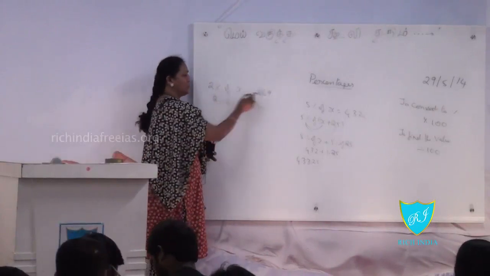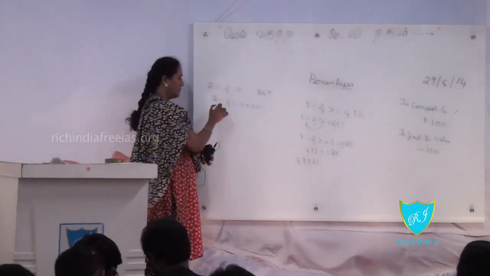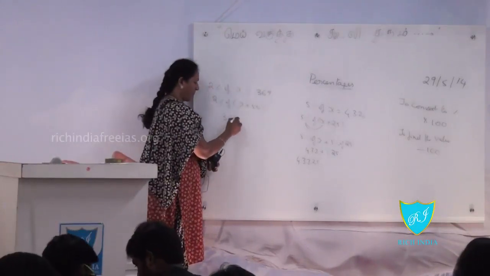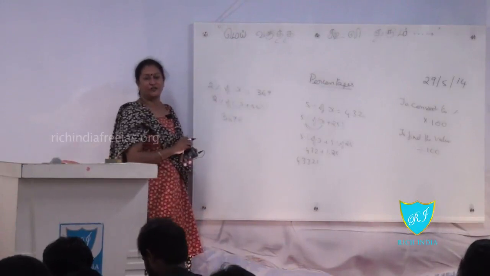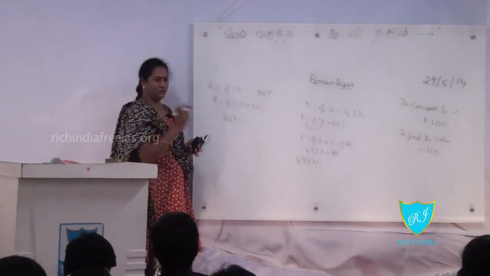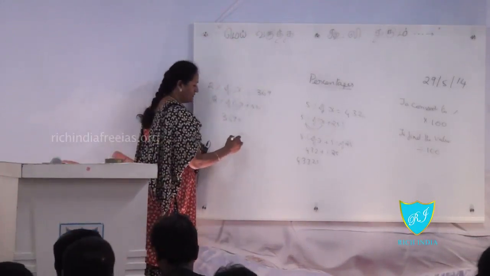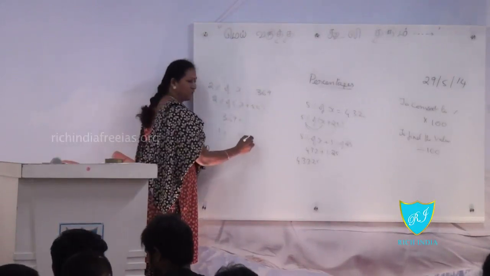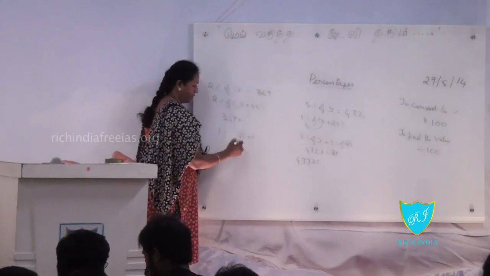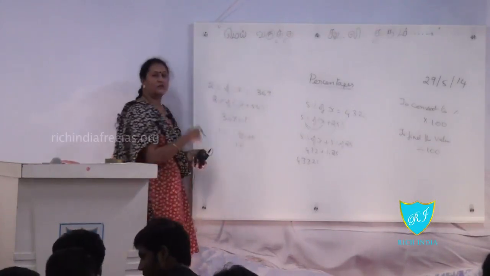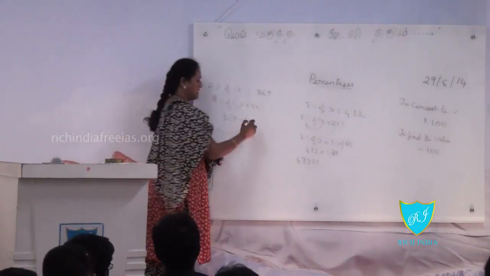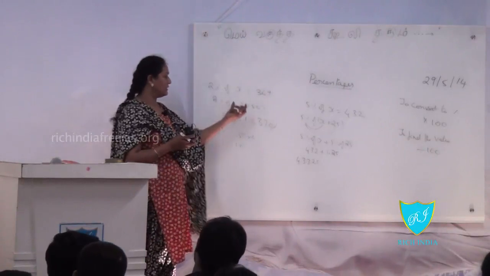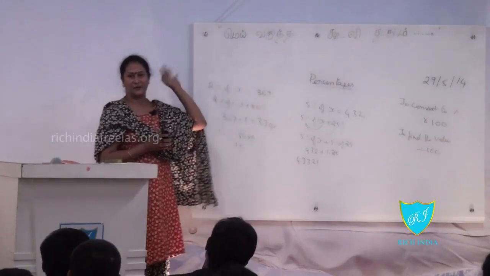They have given 2% of x is 369. So when you expand, 2% of x is 369, and find what is 2% of 50. For 50, 1% is 0.5, so 2% is 1. So 2% of 50 is 1. So the answer is 370.